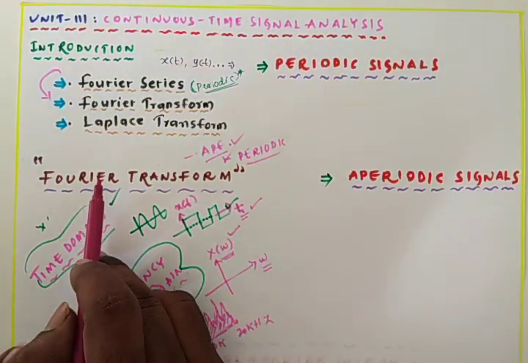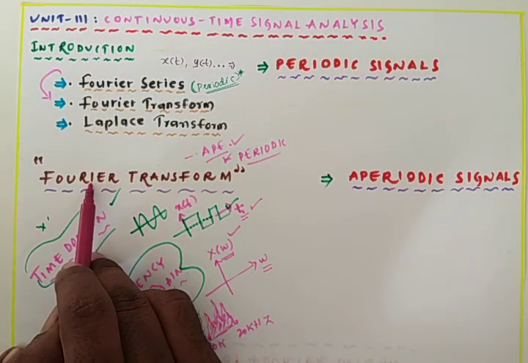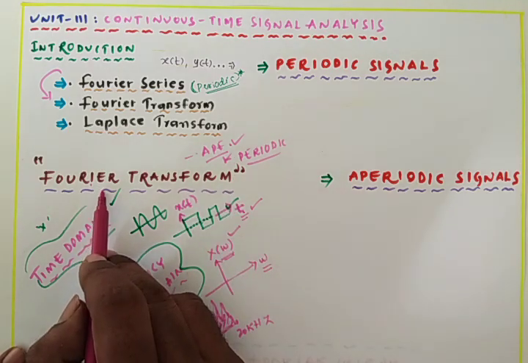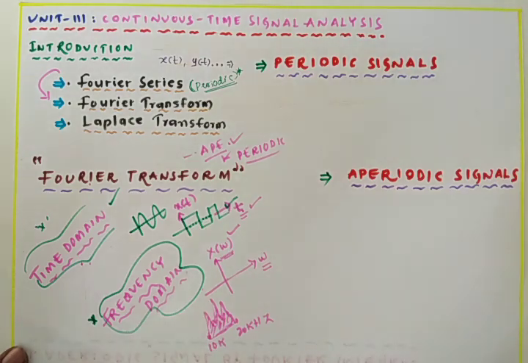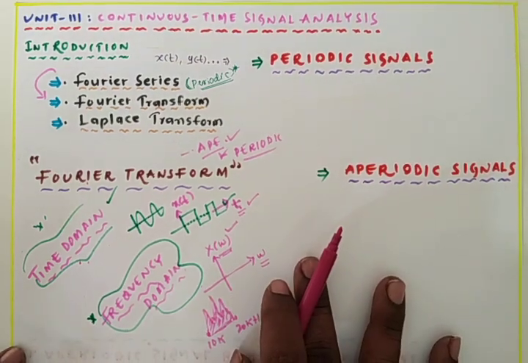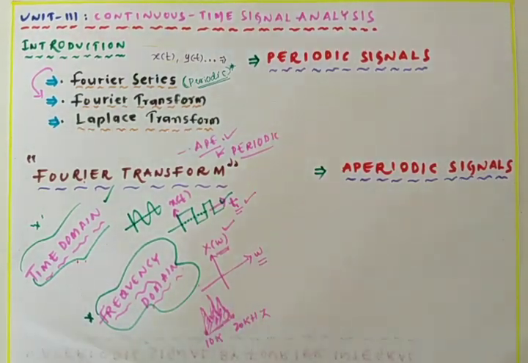One more thing: the Fourier transform is a mathematical tool which converts the time domain signal into the frequency domain signal. There are two points I want to conclude. The Fourier series has a limitation: it can be applicable only for a specific set of periodic signals.